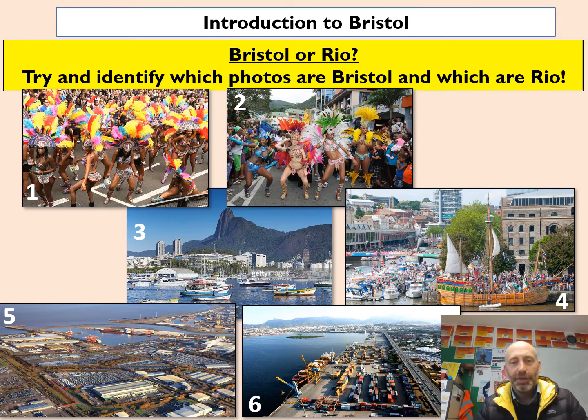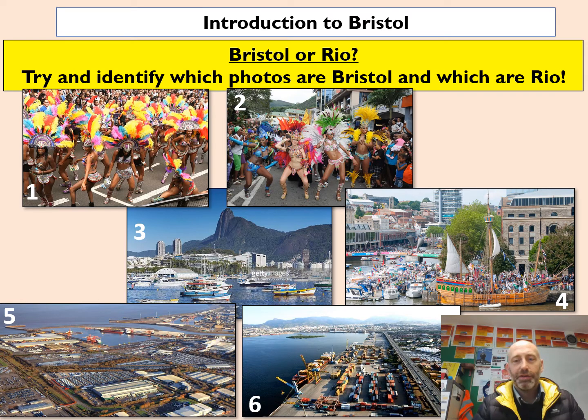Next to each number, write Rio or Bristol. I'm going to give you a couple of minutes, so pause the video now, and then we'll look to see which ones were correct.